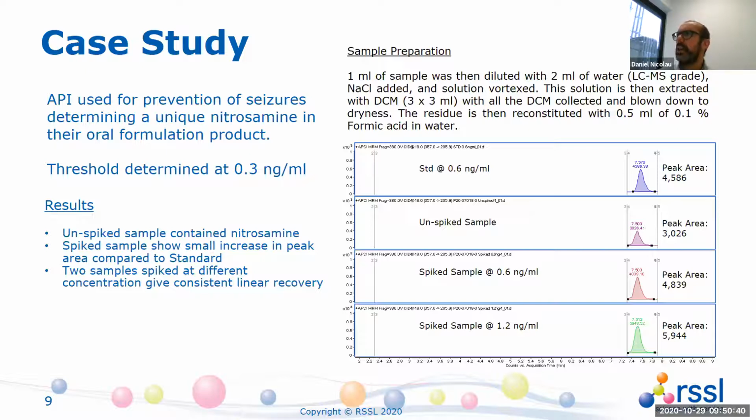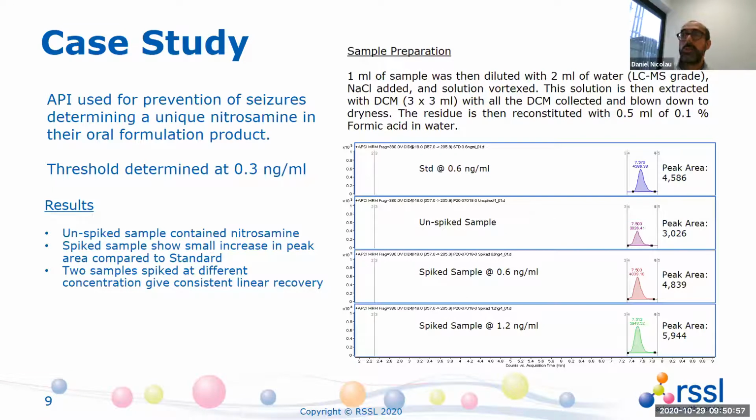And you can see there are a number of subtle aspects to that sample preparation on the slide. They include diluting the sample with a little bit of water. We found that by diluting with water, we were able to increase the recovery.